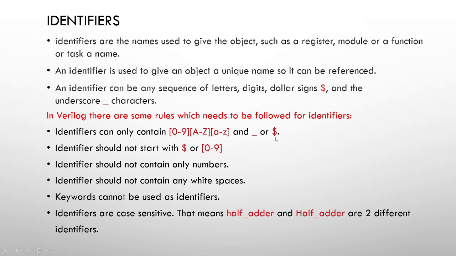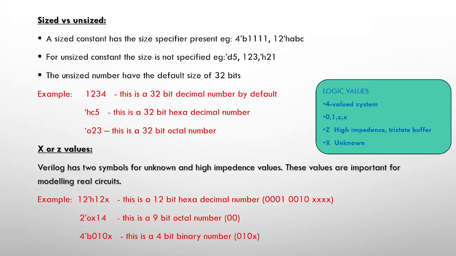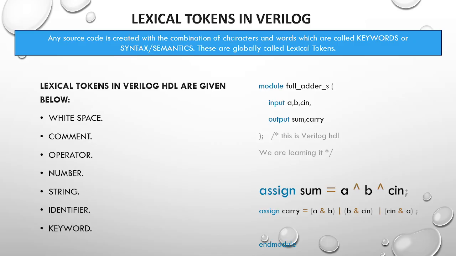The second important rule is that, even though you could use all these things, you shouldn't start your name with either a dollar symbol or a number. That means you shouldn't start the name of the identifier with a number or a dollar symbol. But you could use numbers and the dollar symbol in the middle of your name. In this program, I have used the underscore symbol in the middle of my name.